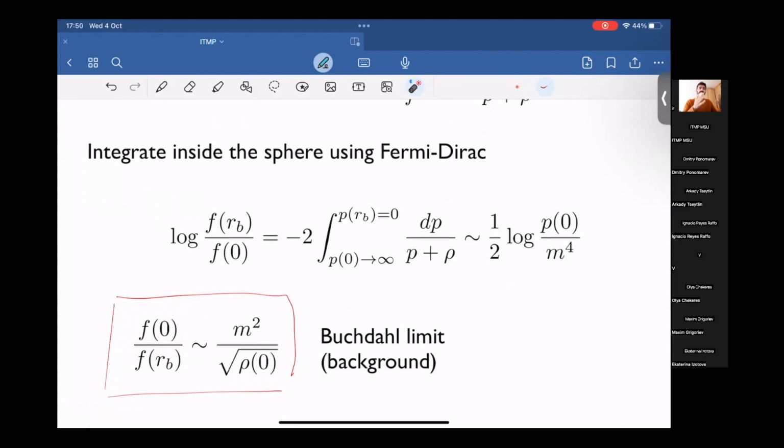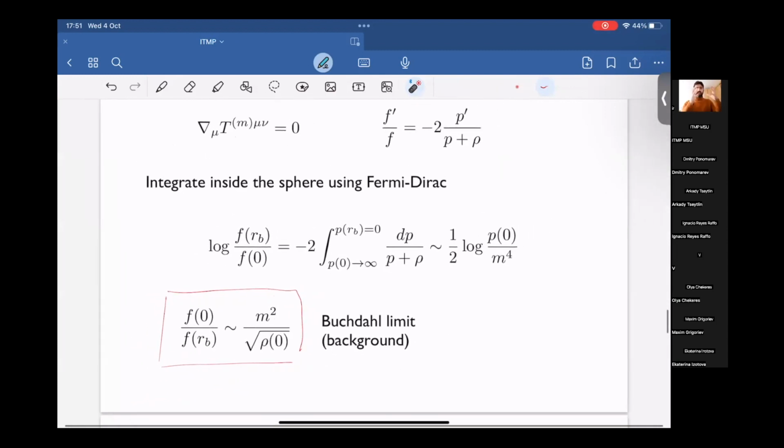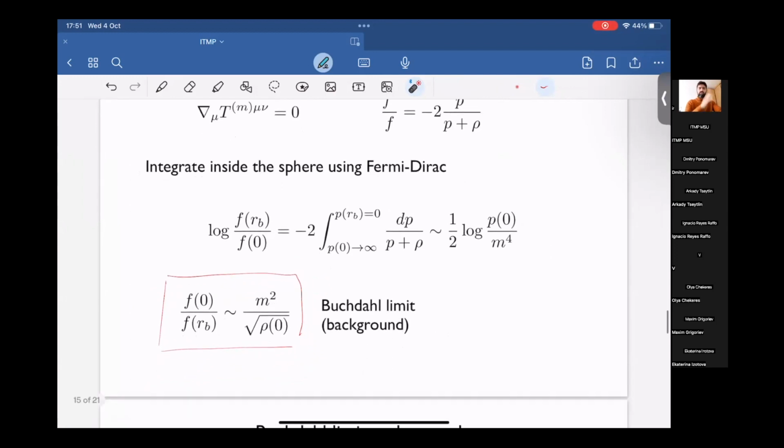So this equation really characterizes the Buchdahl limit. As the central density goes to infinity, the lapse function at the origin goes to 0, and the redshift towards the origin is going to infinity. So this is one very particular example where you can actually solve things analytically. It's very nice.